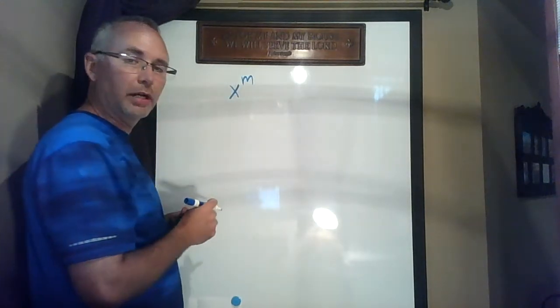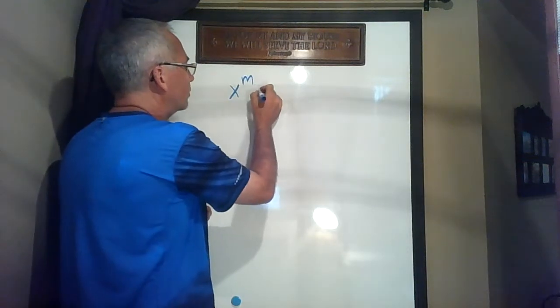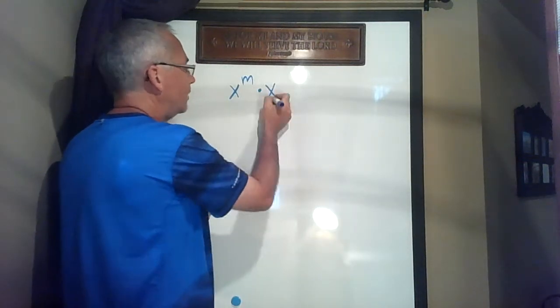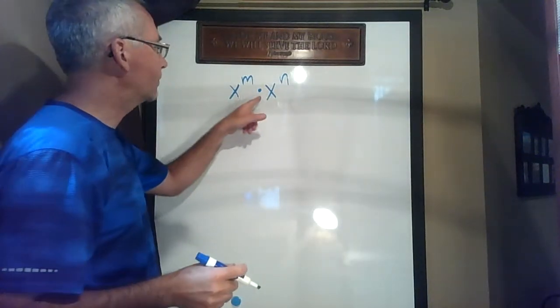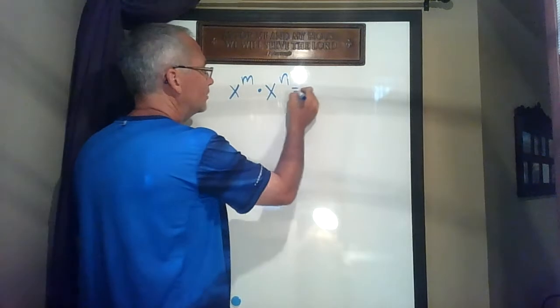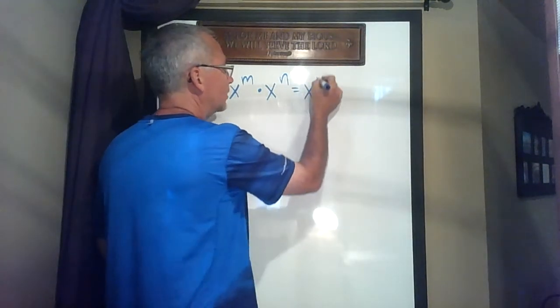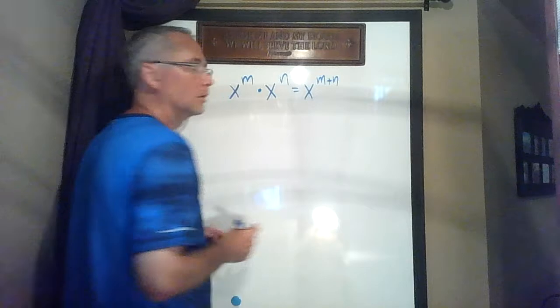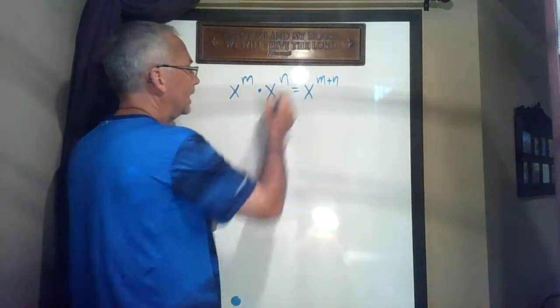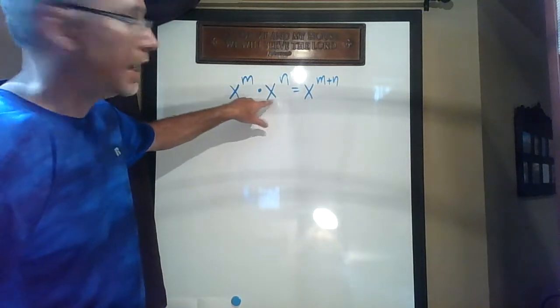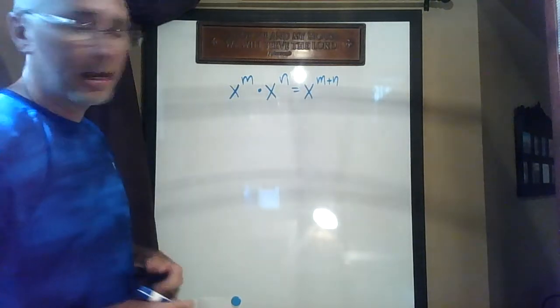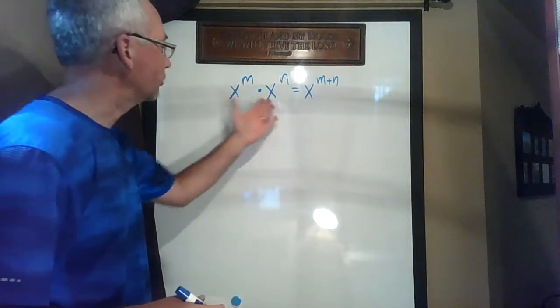If I have a variable or a number represented by a variable to a certain exponent, which we don't know yet, and I multiply it by that same variable to another exponent, so I have x to the m times x to the n, what that's really saying is that that is the same as x to the m plus n. So the m and the n, the exponents, as long as the variable or the base number is the same, all I have to do is add the exponents when I'm multiplying those two together.